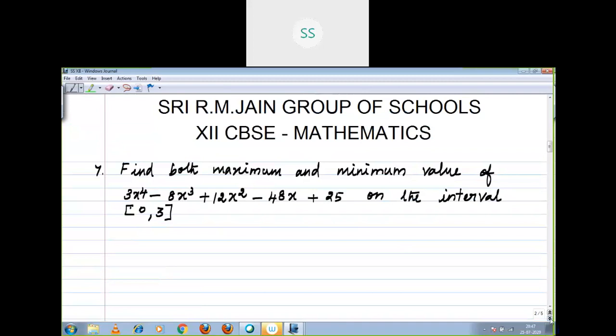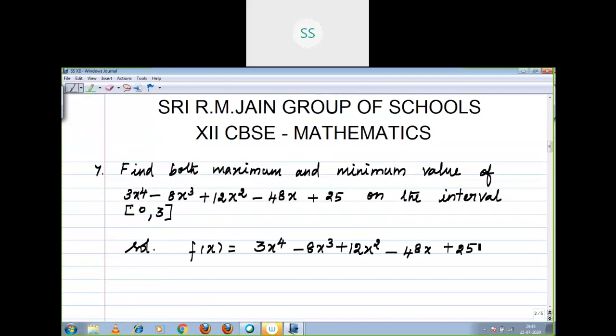That means you want to find absolute maxima and absolute minima. Now, take the given function as f(x) = 3x⁴ - 8x³ + 12x² - 48x + 25.